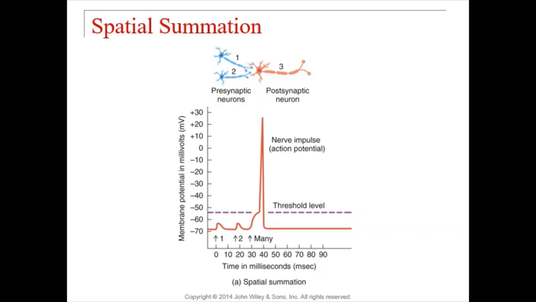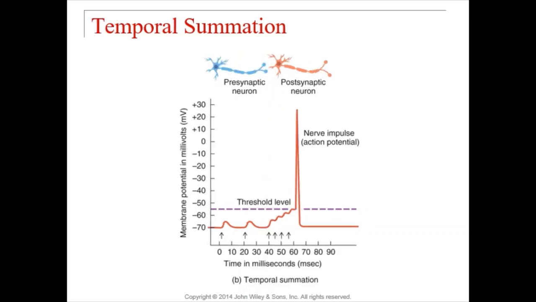But again, there are other ways to do it. Your body also has temporal summation. Again, just break the name down. You're still doing summation. You're still listening to multiple signals. But how now? It's called temporal because you're now listening to all the signals you get within a period of time. So this neuron can now listen to all the signals it's going to get anywhere, but only within a certain amount of time.